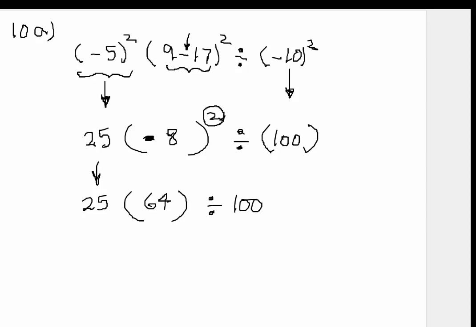So we go from left to right. Remember the order of operations. You have 25 times 64. Again, for this class, we cannot use a calculator. Make sure you do everything by hand. Okay. Garcia, can you tell me what this 25 times 64 is?